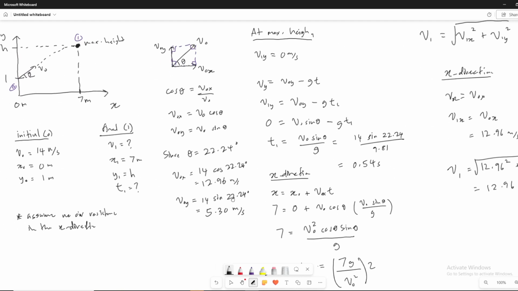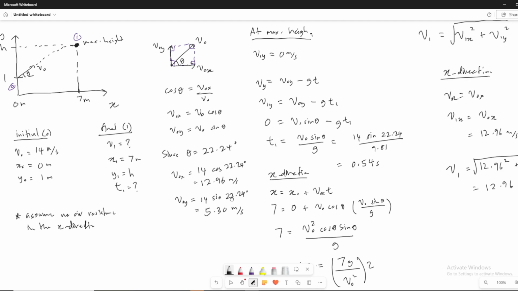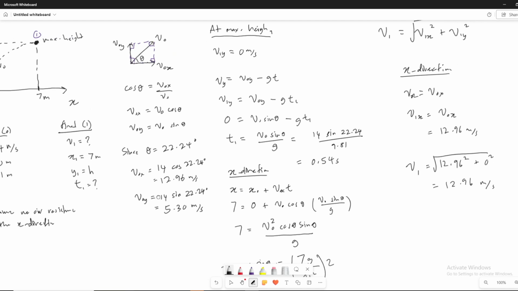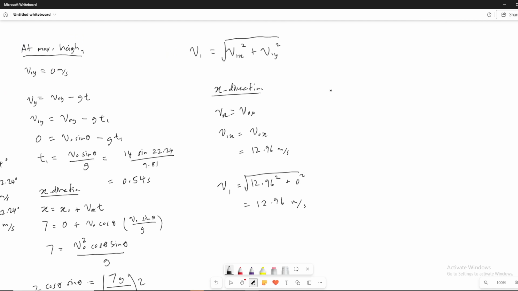So we found V1, and we found t1. If we need to find h, we can use the y direction kinematic equation: y equals y naught plus V naught y t minus half g t squared.